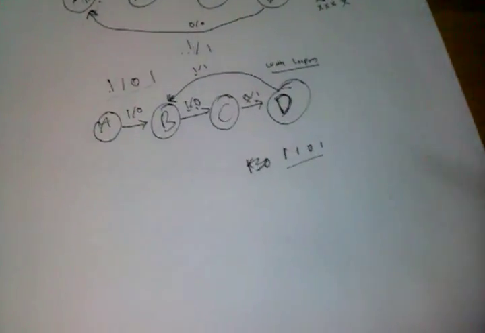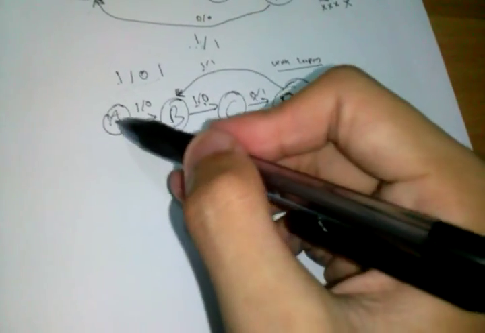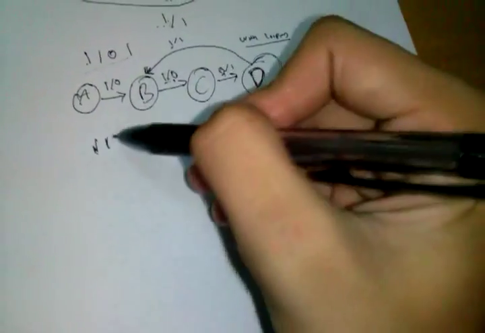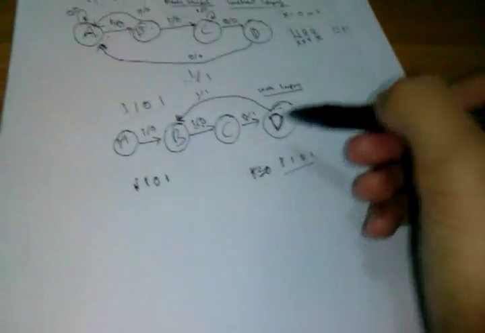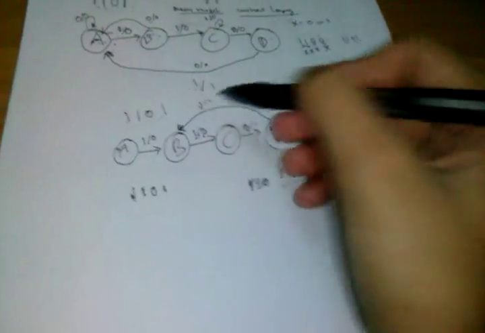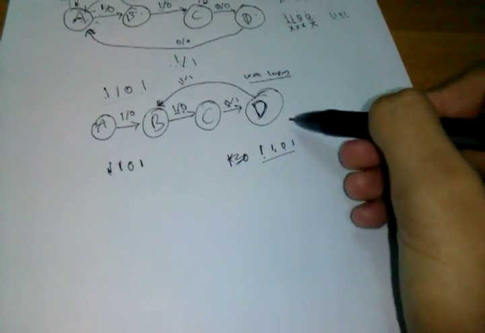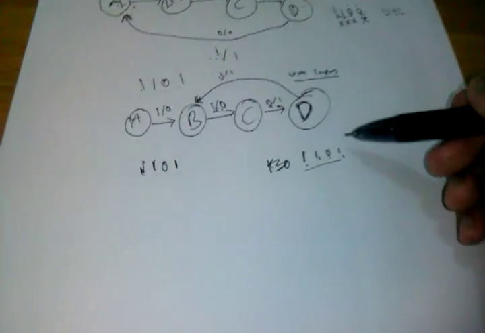So that's why it's looping. If we try another step from A, 1 1 0 1, same, right? We start from D, 1 1 0 1. So that's why it's looping.